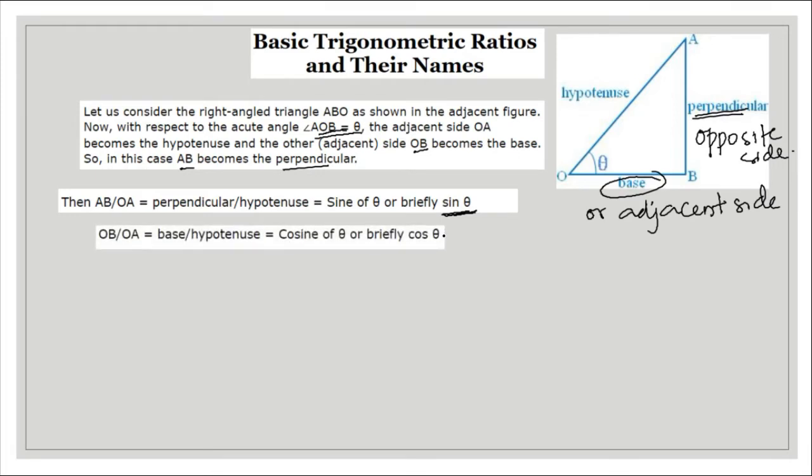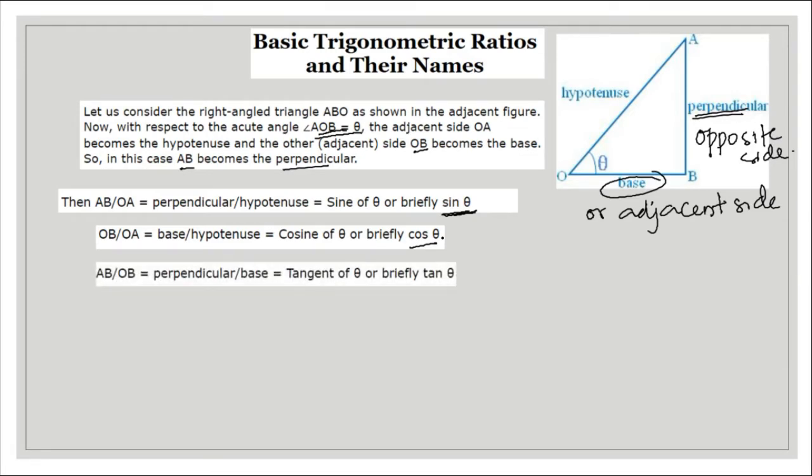OB is the base. OA is the hypotenuse. Base by hypotenuse, in other words, adjacent side by hypotenuse, is called cosine of theta. It is briefly mentioned as cos theta.